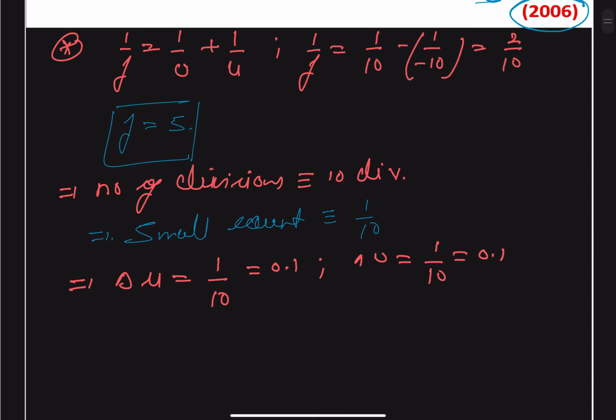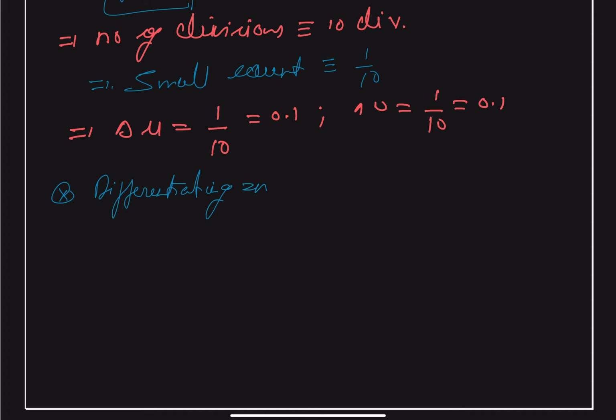So differentiating equation 1, we get delta f upon f square is equal to delta v upon v square plus delta u upon u square.